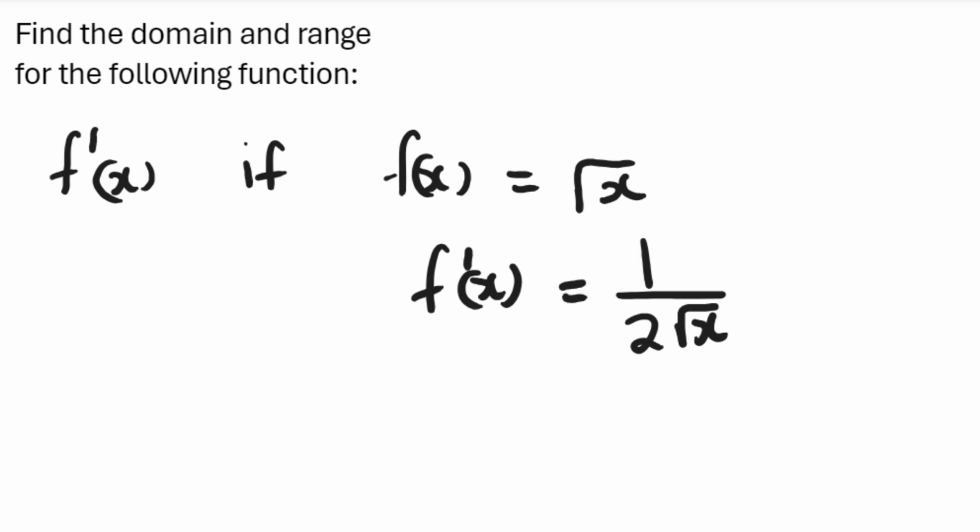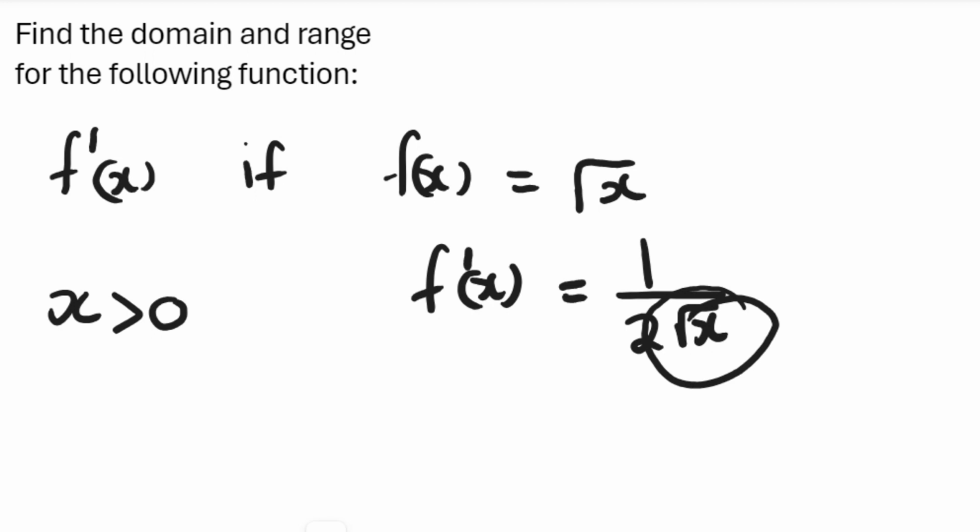Since our first derivative is that, let's find the domain of that new function, our first derivative. We know that under the square root, we must never have a negative number. So x must be greater than or equal to 0. But since in this case it's part of the denominator, if we let it be 0, we are going to have a problem.